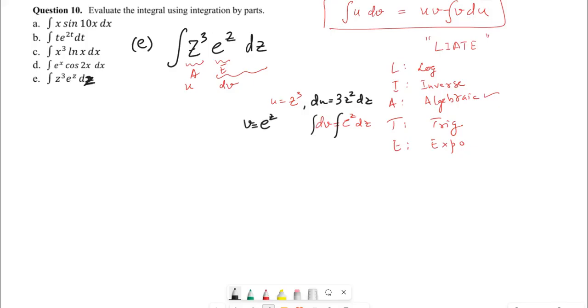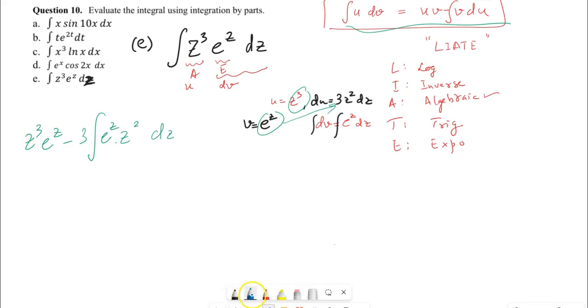Okay. Now the formula is, we know, u times v. So z cubed e^z minus integral v du, e^z times 3z squared. 3 can be pulled out, dz. Okay. Now you guys see this is a cyclic problem again.